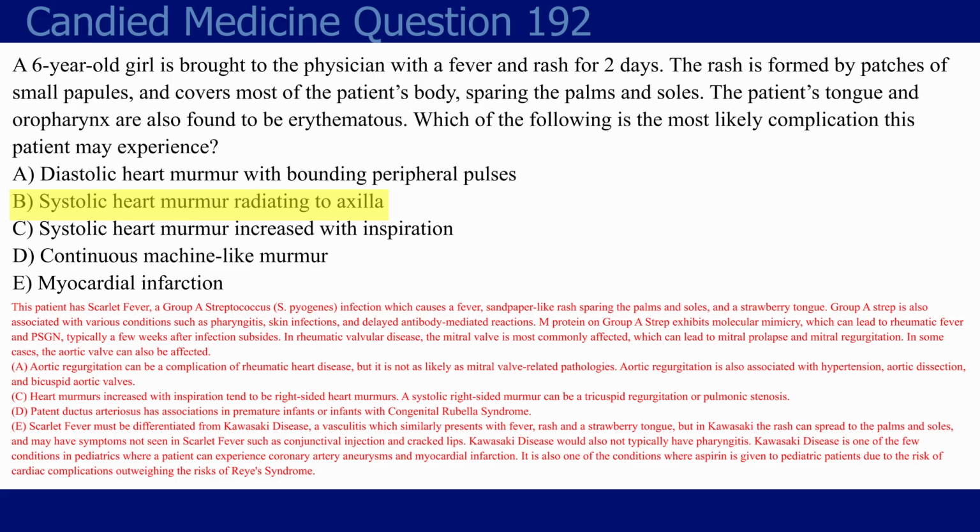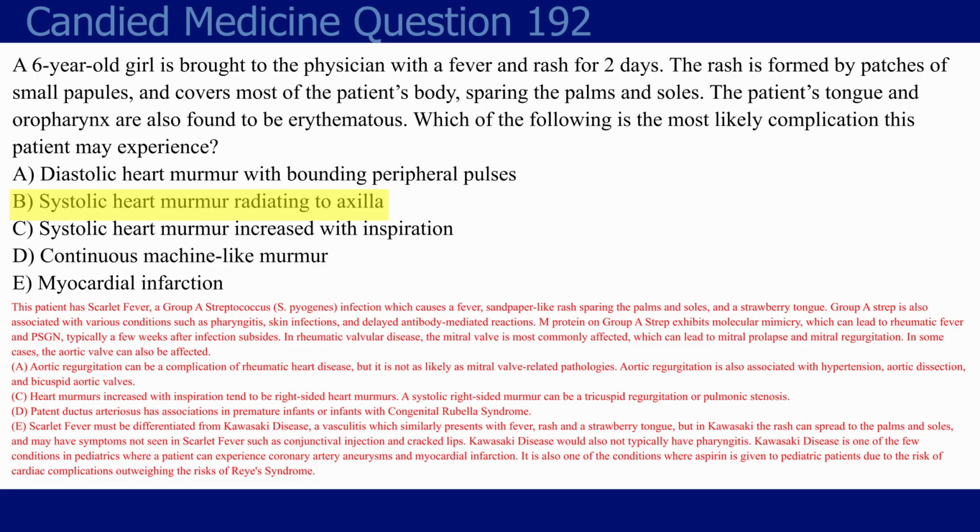Choice E, myocardial infarction. Like I mentioned earlier, you want to be able to differentiate scarlet fever from Kawasaki disease. Kawasaki disease can cause MI in children. It's one of those rare instances where it can happen. Kawasaki disease is a vasculitis, and they like making you differentiate it from scarlet fever on USMLE because it similarly presents with fever, rash, strawberry tongue. So, a couple ways you can differentiate.